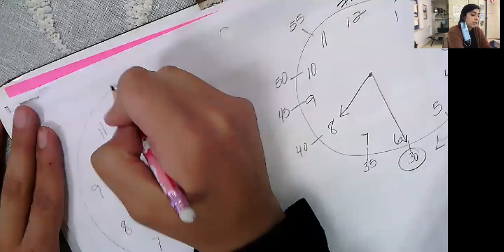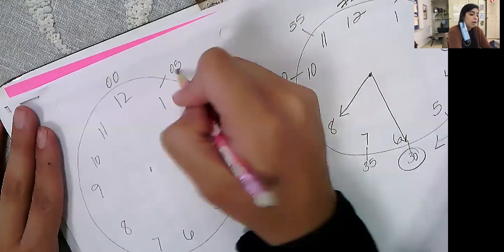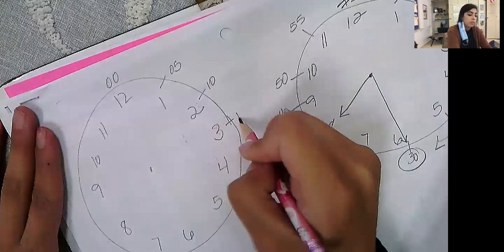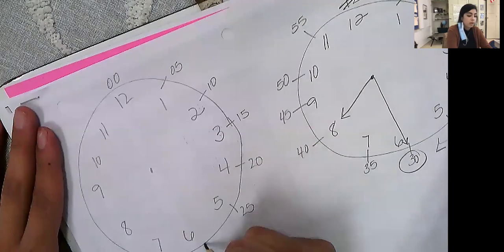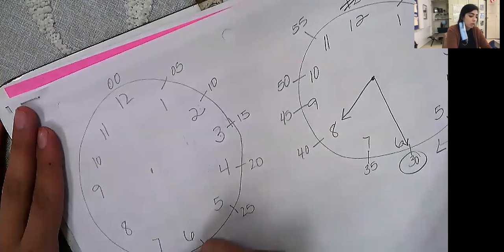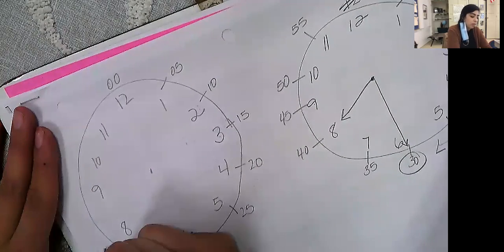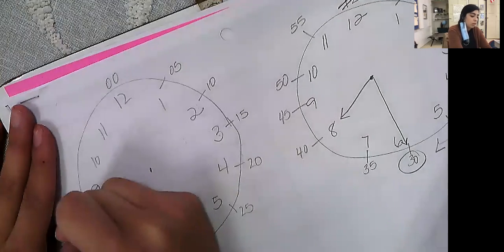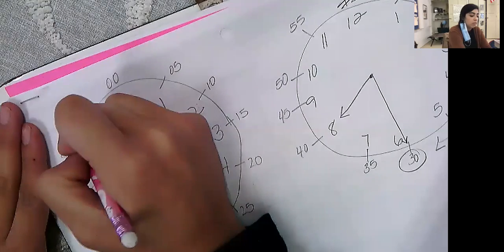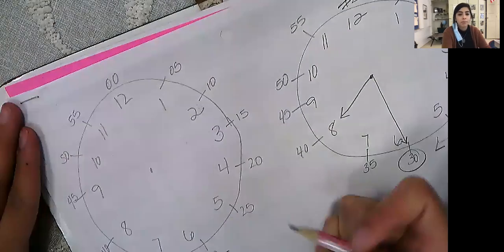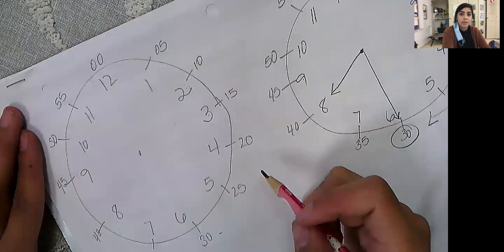Let's go on the outside. 0, 5, 10, 15, 20, 25, 30, 35, 40, 45, 50, and 55, 60.